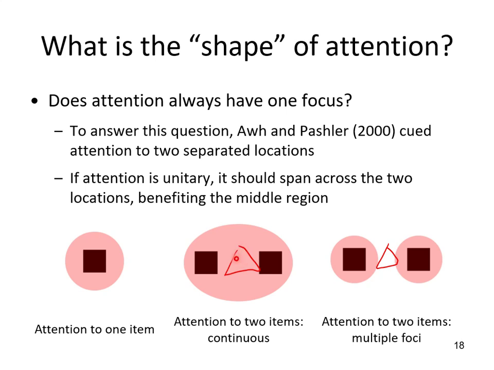Then when you detect this middle object, will attention benefit this object? Yes. However, if attention can be split into multiple foci, then will attention benefit this object? No, or less actually, right?